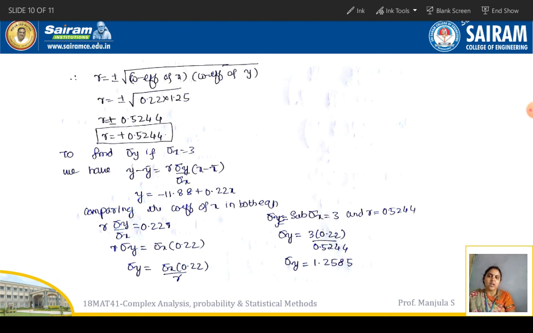Compare these. The coefficient of x is 0.22, and the coefficient of x is also r into sigma y divided by sigma x. The r value we already know. On simplification we can write the equation for sigma y: sigma y equals sigma x into 0.22 divided by r.